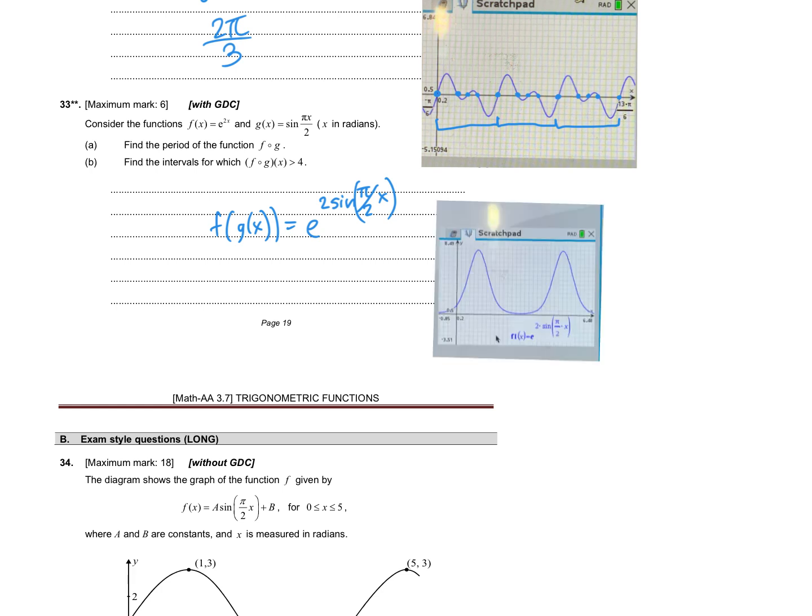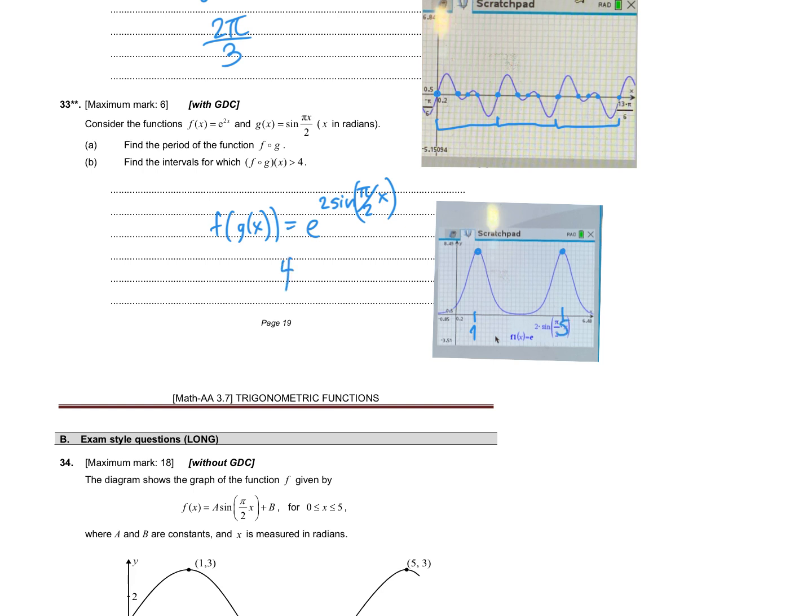Okay, graph it. So if we find like this point and this point, we can find the period if they're nice numbers, and they end up being, so it's 1, this is 1, and this is 5, so the period is 4.